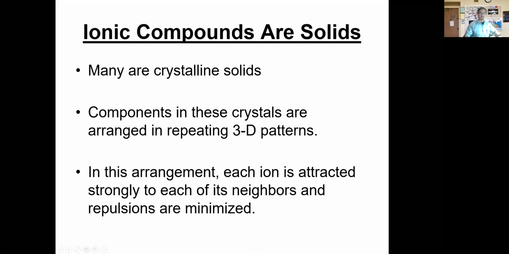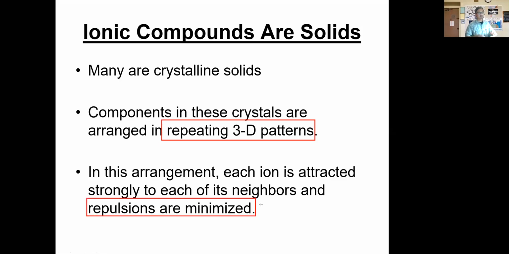It's important to understand that we have this repeating pattern of positives and negatives. Remember, we talked about that. In that arrangement, you have a positive arranged next to a negative. The reason for that is that we can minimize the repulsion between like charges and maximize the attraction between opposite charges.